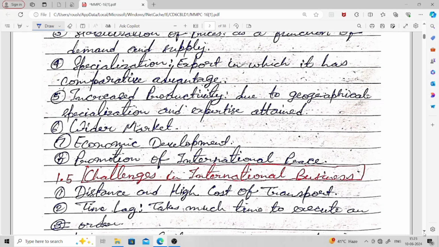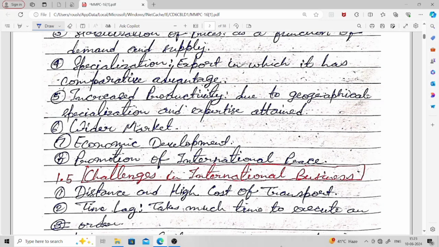That's why it is given: increased productivity due to geographical specialization and expertise attained. And also, if in any particular geographic location one kind of business is there, the expertise will improve.